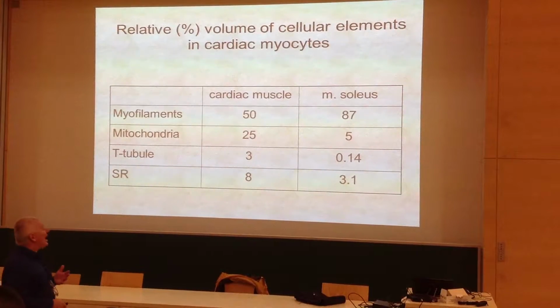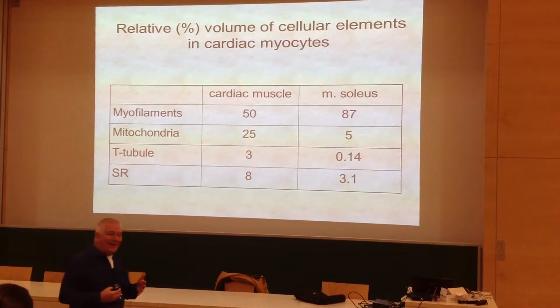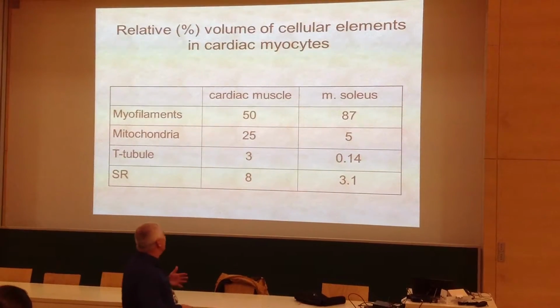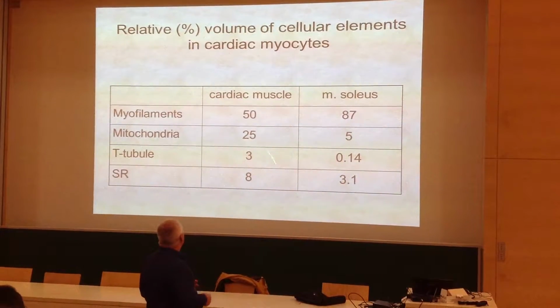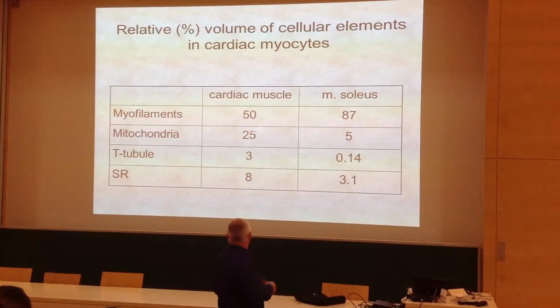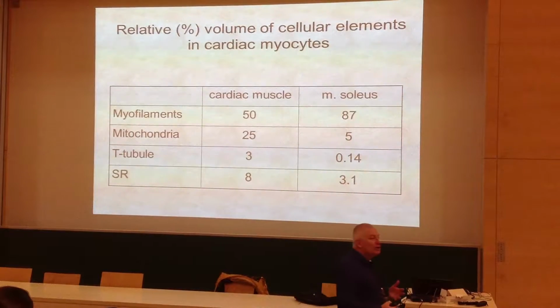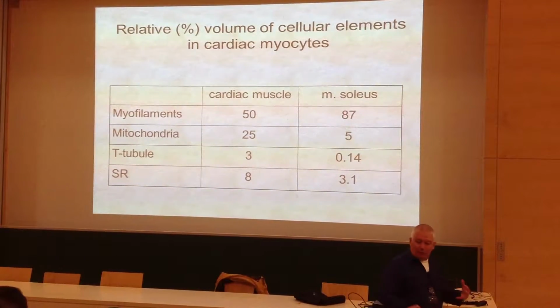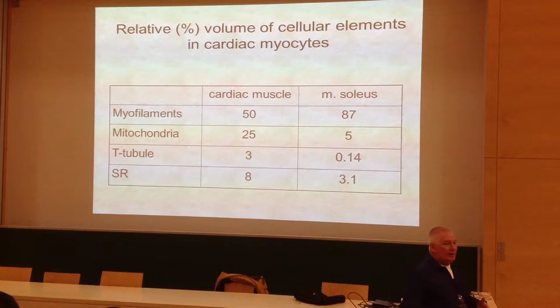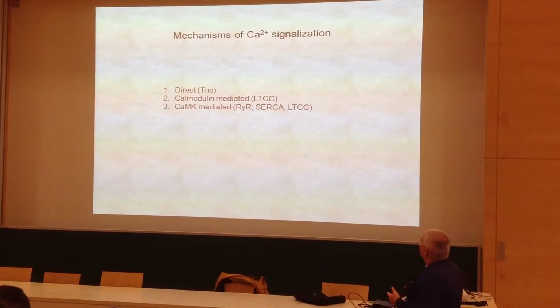It cannot be exhausted. The soleus muscle, if it works for a while, can get fatigued or exhausted, but not the cardiac myocytes. The tubule size, the sarcoplasmic reticulum, everything is much larger, allowing a larger capacity for moving the calcium between the intracellular and extracellular sites.